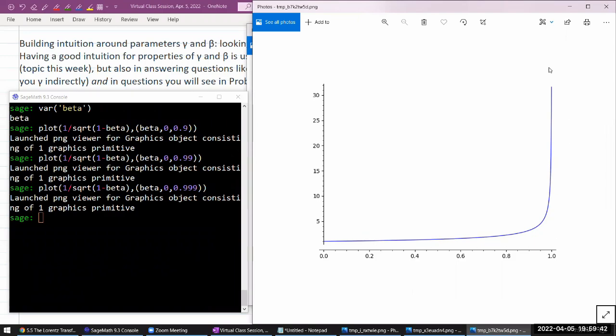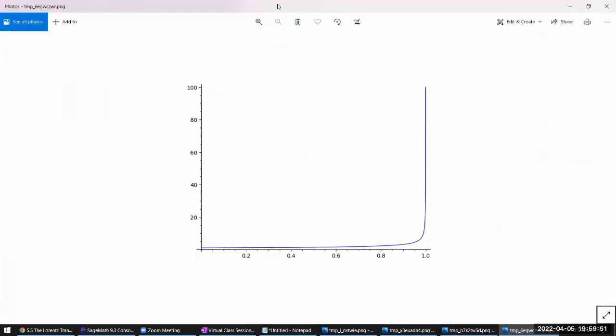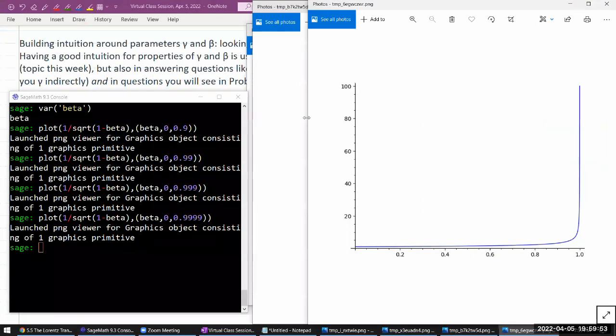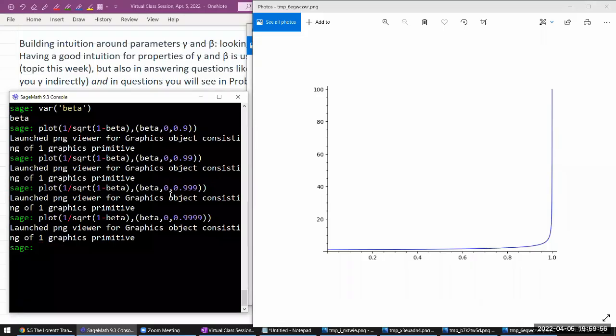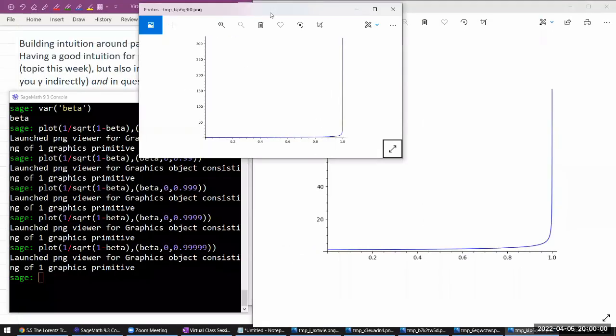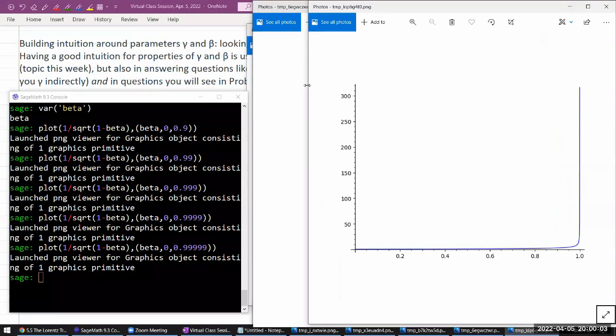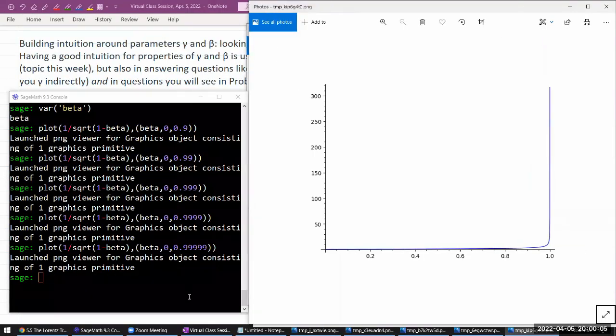For massive particles, beta can never equal 1. And as beta gets infinitesimally closer and closer to 1, your gamma will increase without limit. So let me just do one more and one more. At some point on a scale of gamma, all these are so small compared to this that it's basically 0 or basically 1.